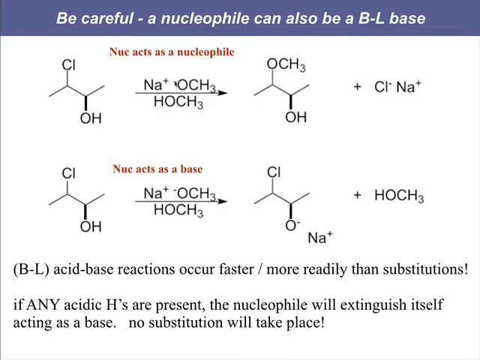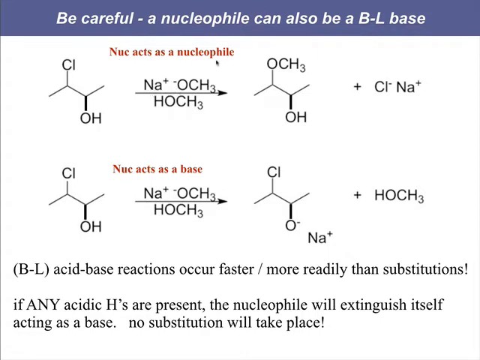The nucleophile would donate its electrons to the carbon. That would exceed carbon's valence. It would cause the carbon-chlorine bond to break. Chloride would leave, and we would have substituted OCH3 in place of that chlorine. Our byproduct would be sodium chloride. Then the chloride would simply pair up with the sodium.